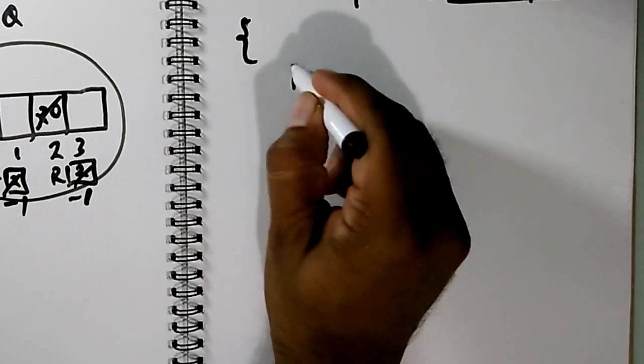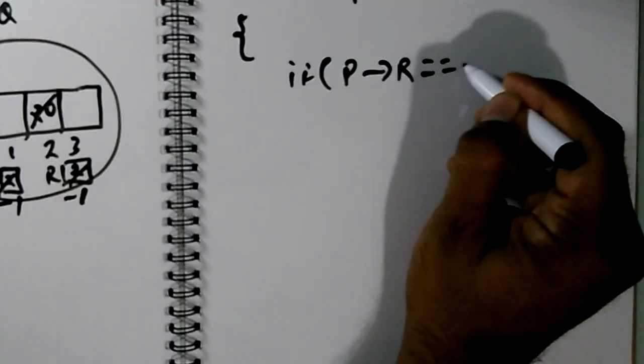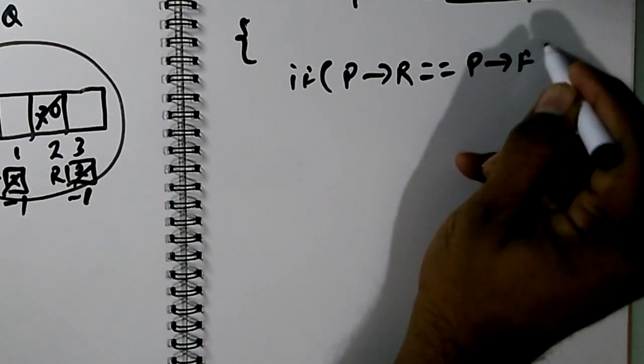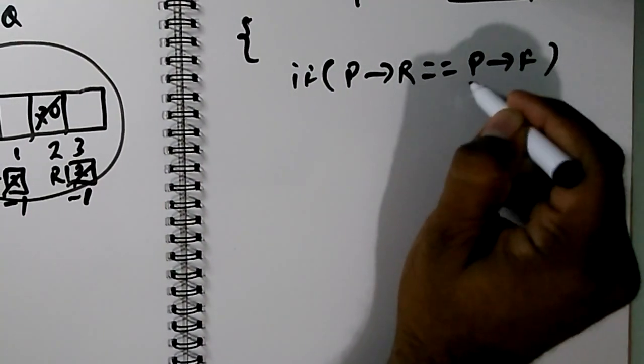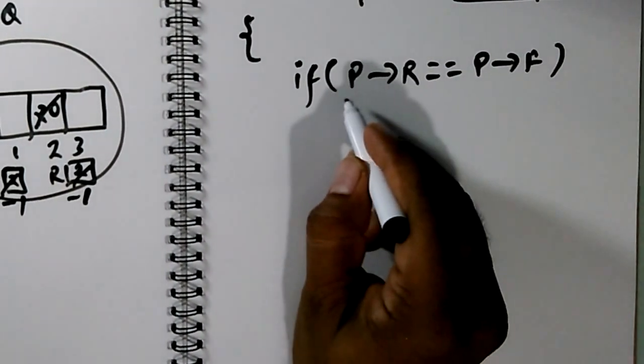So if P arrow R equal to P arrow F, that means both F and R are same, I am doing the delete operation on the only value in the queue.